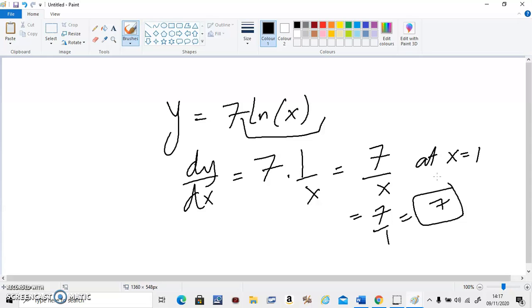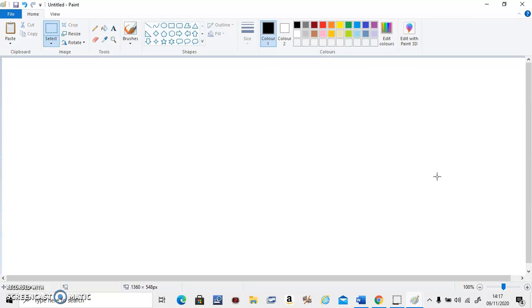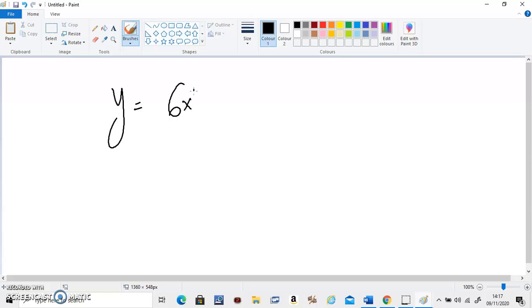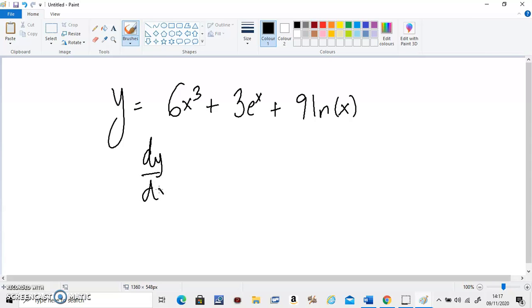Now similarly we can do a combination of functions. So for example, if I give you y equals, say, 6x cubed plus 3e to the x plus 9 ln x. So now this is a combination of all of these functions. All you have to do is individually match them to the formulas and apply the formulas.